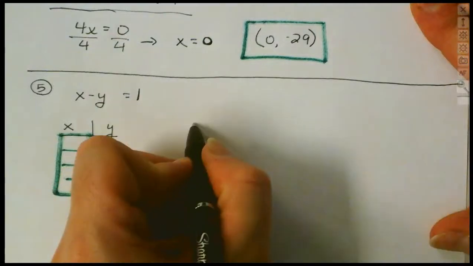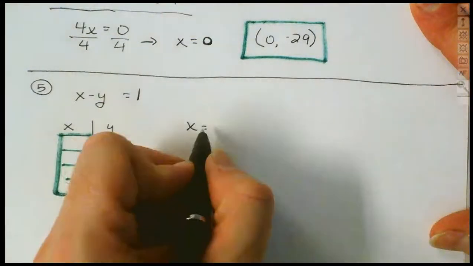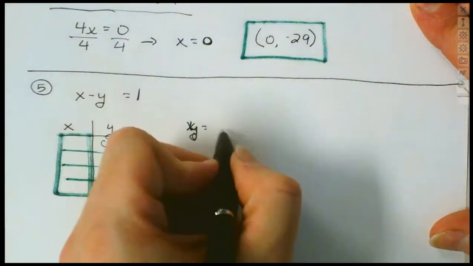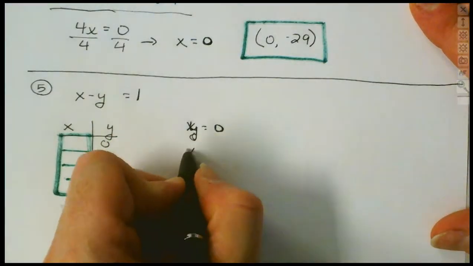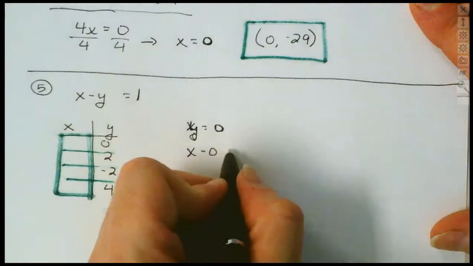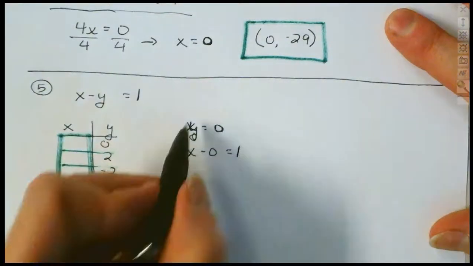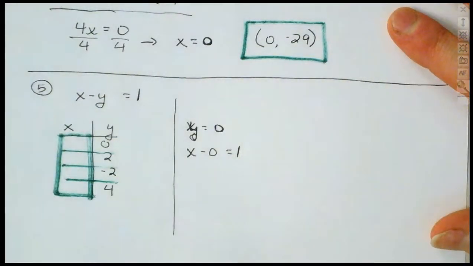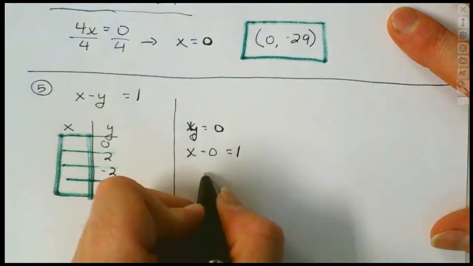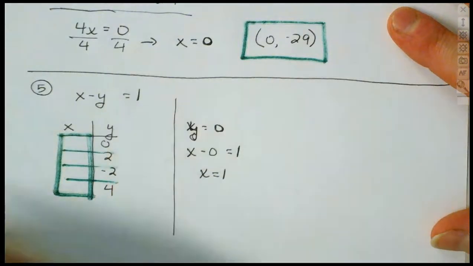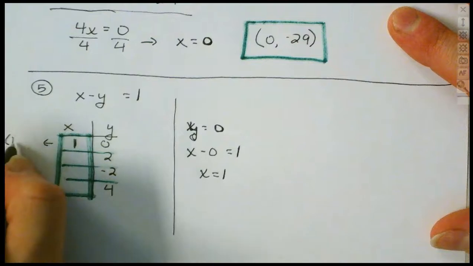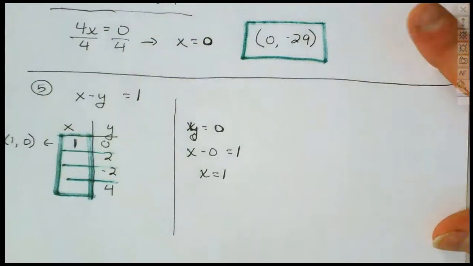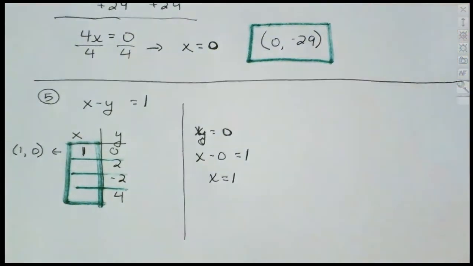So we're going to start with y equals 0. So if I plug in y equals 0, then I get x minus 0 equals 1. And 0 goes away, so that gives you x equals 1. So that's going to be our first ordered pair, which is 1, 0.